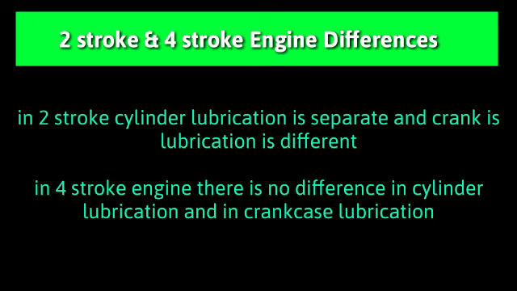Like you see in two-stroke engine motorcycles, either you put lubrication oil with the petrol or there is a separate 2T oil, whereas in a four-stroke engine there is only one type of oil.